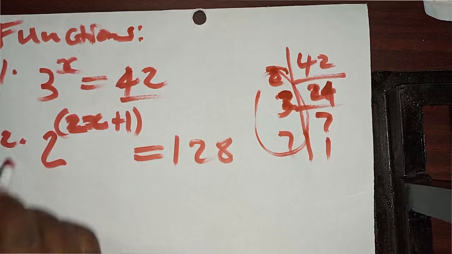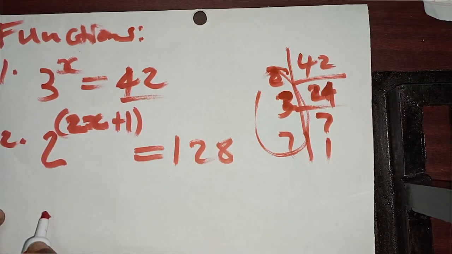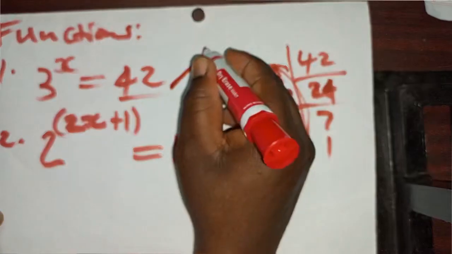So we are going to introduce the log on both sides of the equation. But since we have not learned the concept of logs, we leave that one out so that we concentrate on the second example, where we are applying the laws of indices.